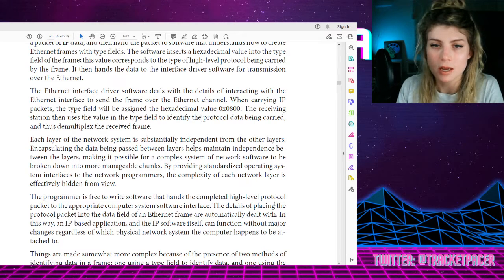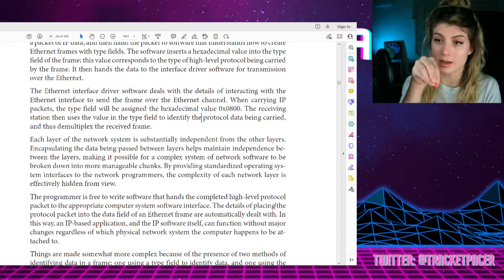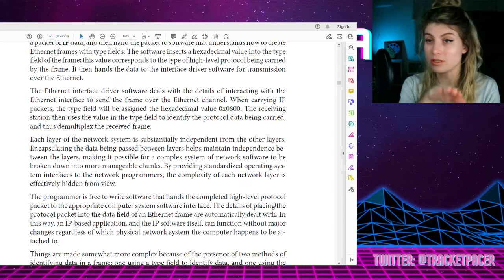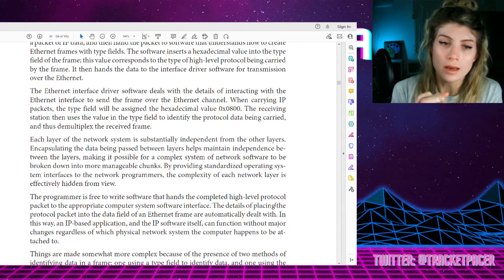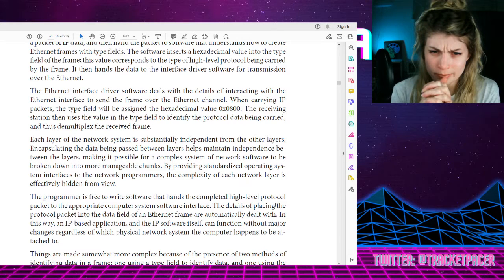Okay, IP packets. The receiving station then uses the value in the type field to identify the protocol data being carried, and thus demultiplex the received frame. So we're multiplexing at the source, sending, and demultiplexing at the destination.